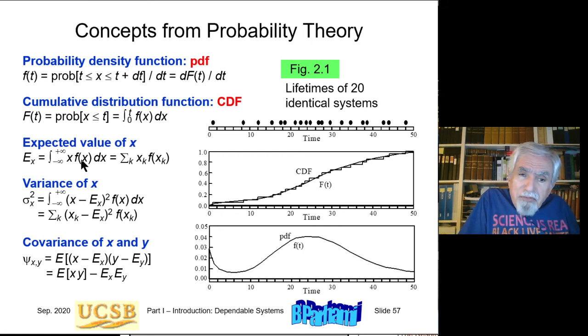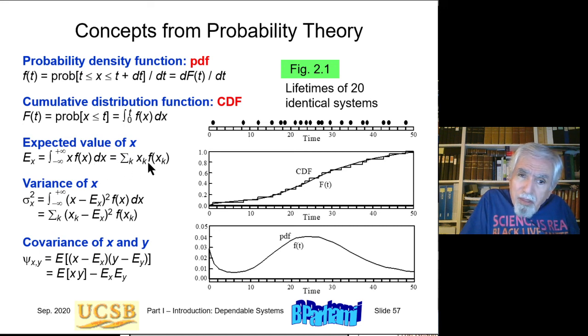So the density function times the value x. So we basically multiply the density by the value x to find the expected value of x, and we integrate over the entire range. The discrete version of this formula in discrete distributions, always the integrals are replaced by summations.